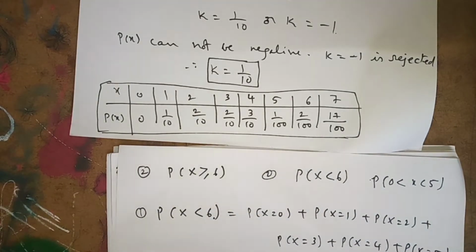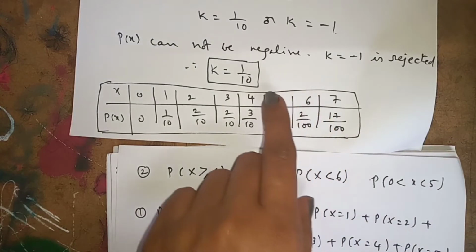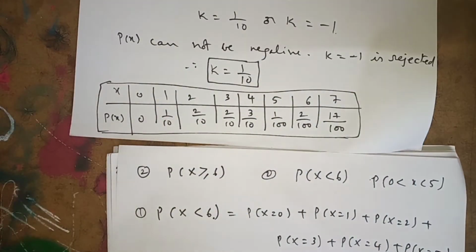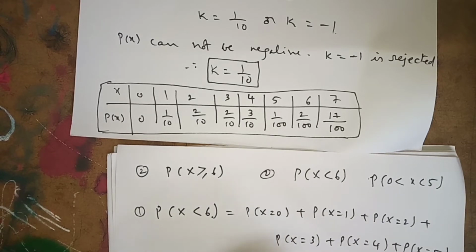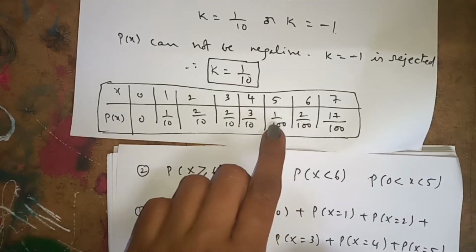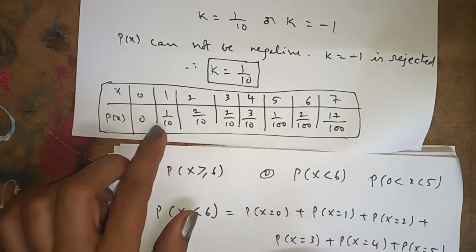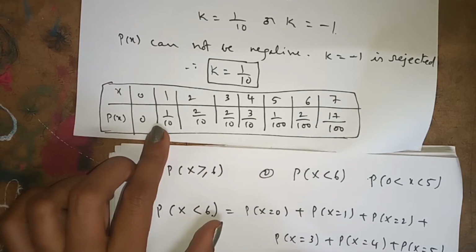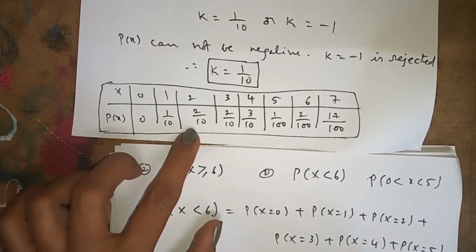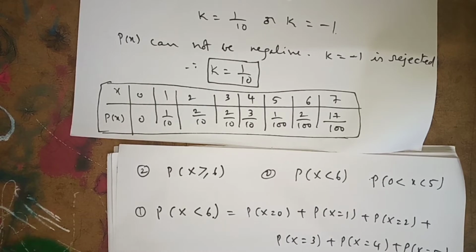By adding all these: 0 plus 1 by 10 plus 2 by 10 plus 2 by 10 plus 3 by 10 plus 1 by 100. If you simplify this, you will get 81 by 100.